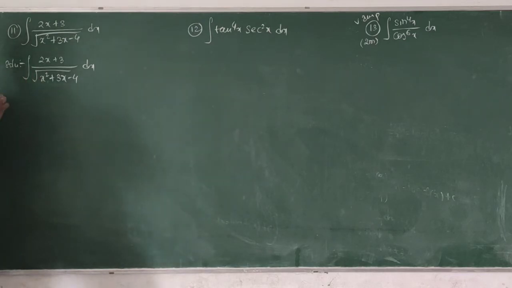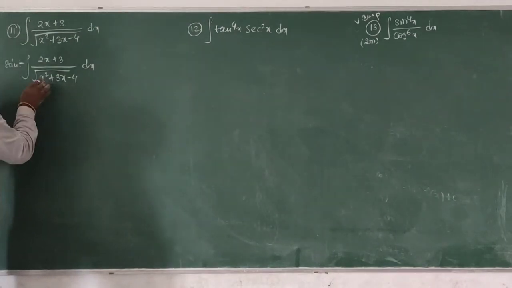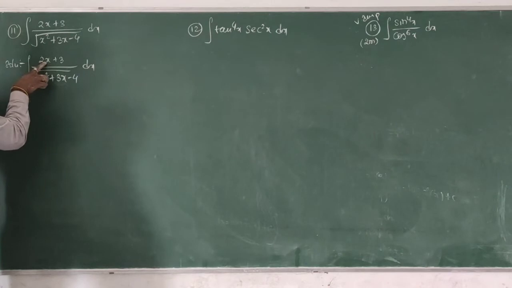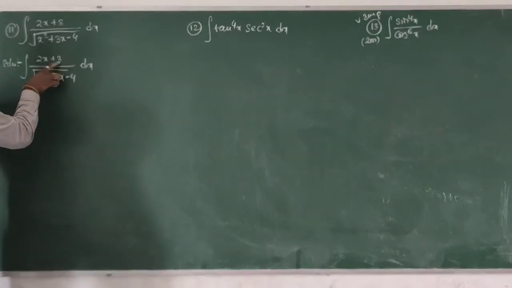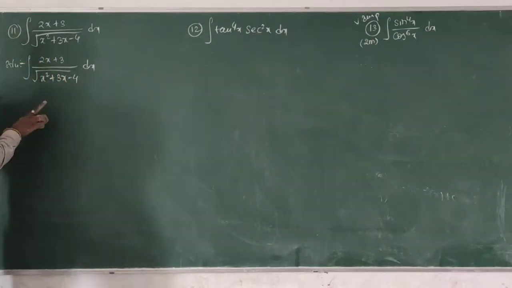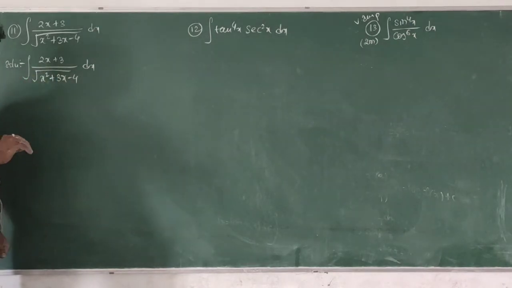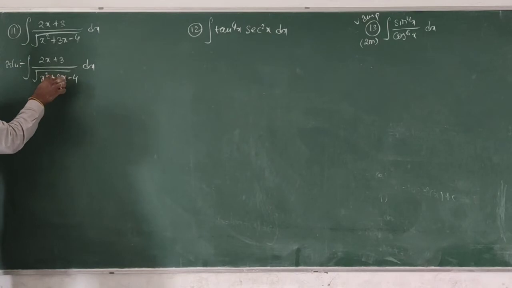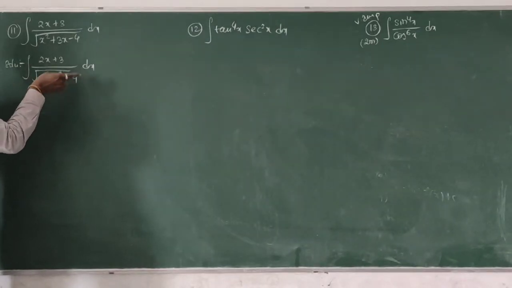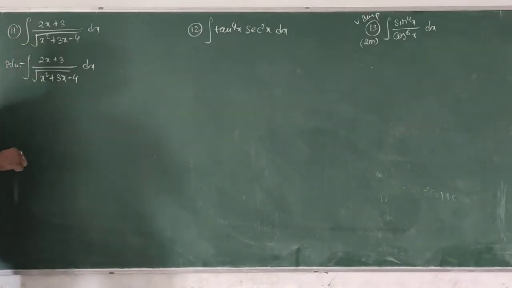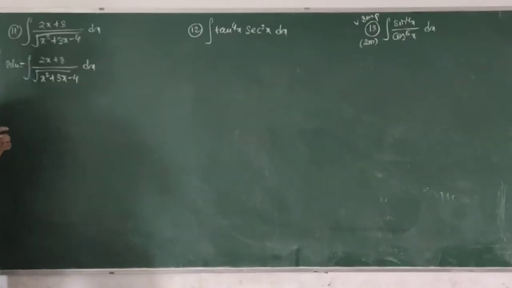we have a square root. Just observe this one: x square derivative 2x, 3x derivative 3, constant derivative 0. That means if you take x square plus 3x minus 4 as f of x, then its differentiation is 2x plus 3, which is in the numerator. Understood?